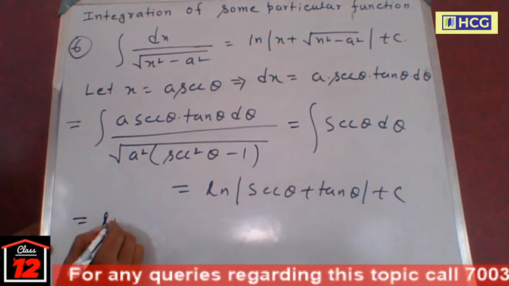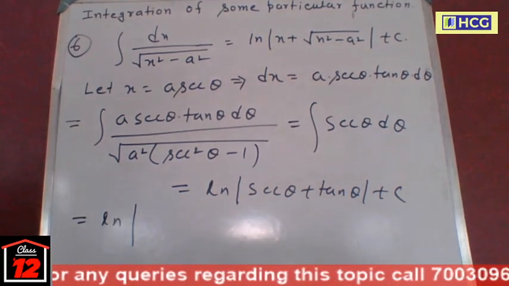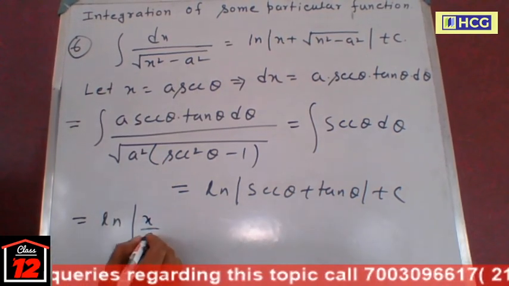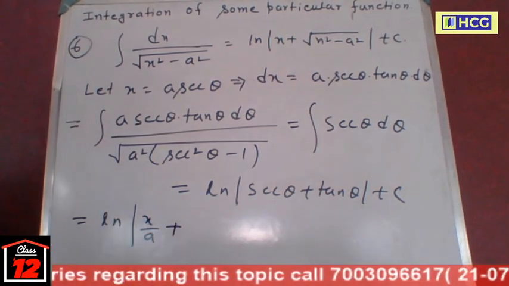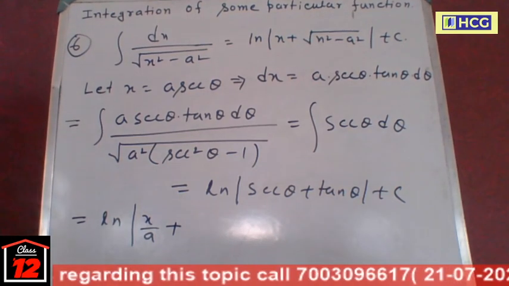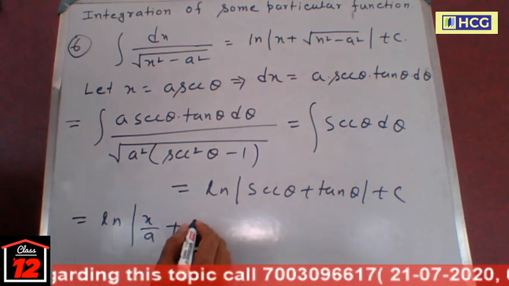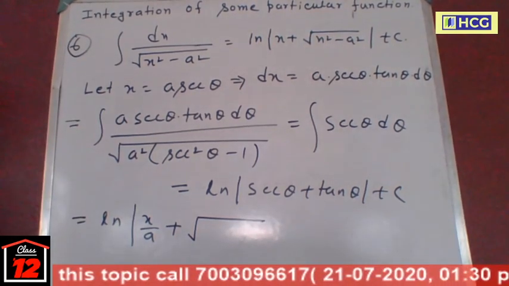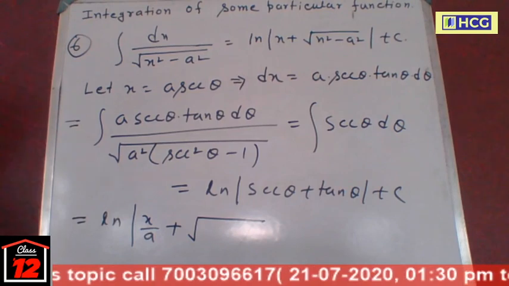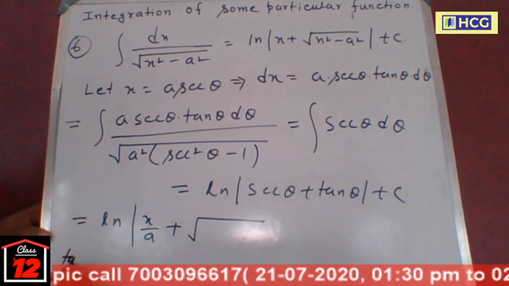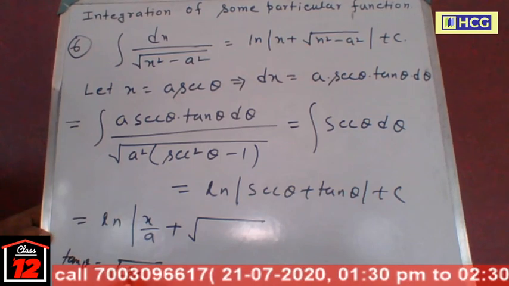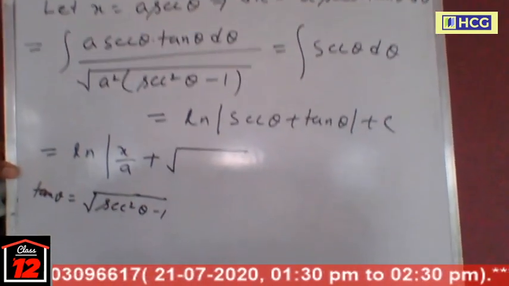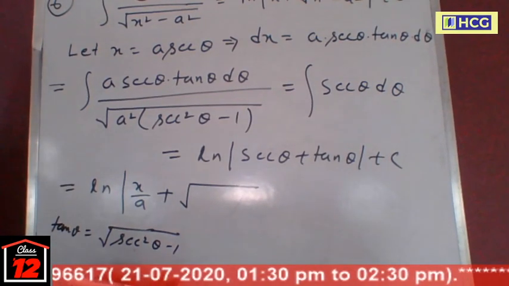Now this is equal to ln of the value of sec theta, which is x by a, plus the value of tan theta. Sec theta is x by a, and tan theta is the square root of sec square theta minus 1.